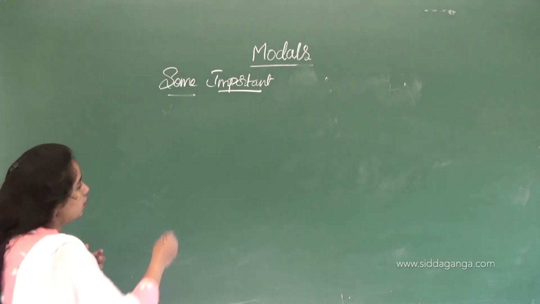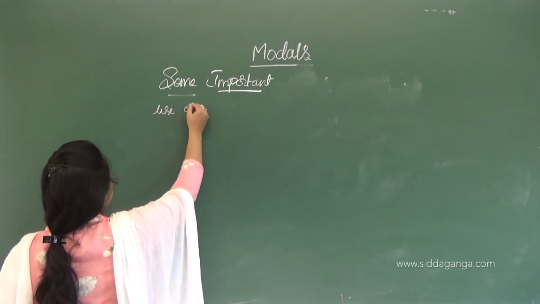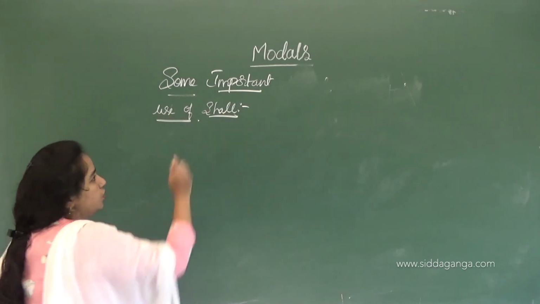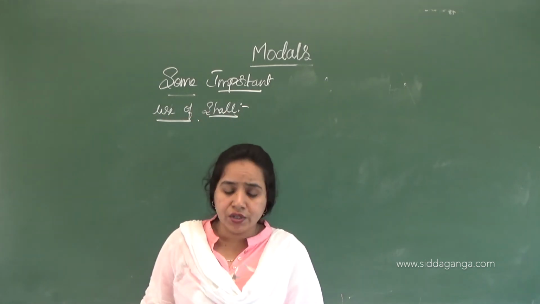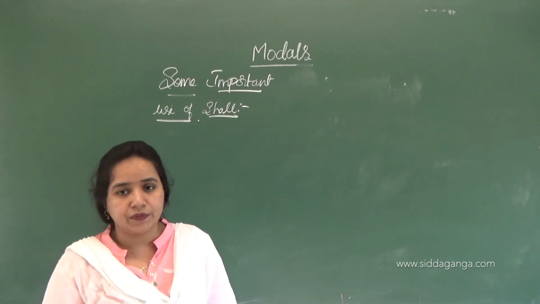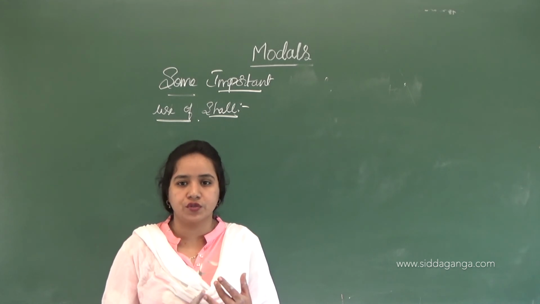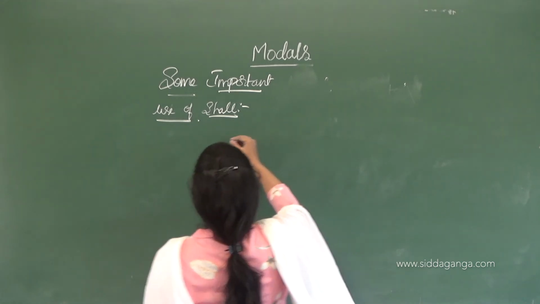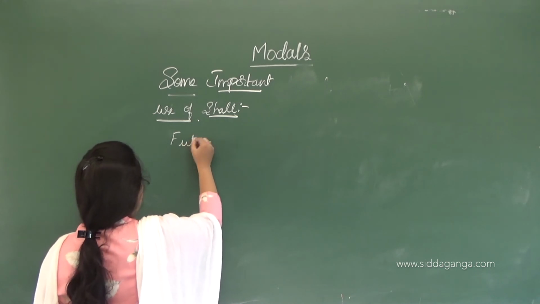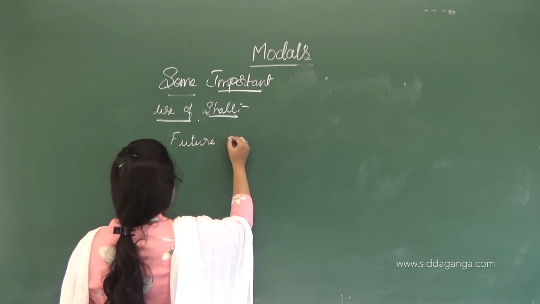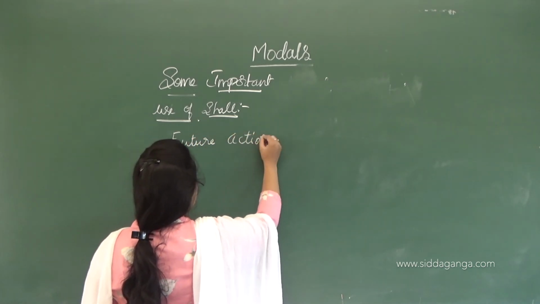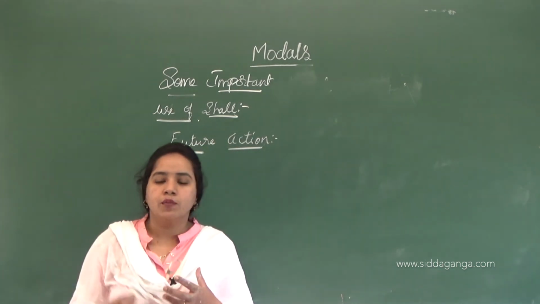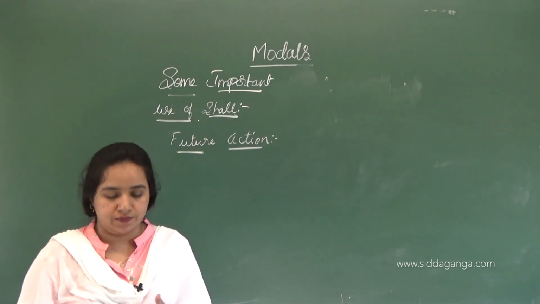Shall is used to indicate a future action. So will is also used for a future action, and shall also indicates the future action. Will and shall, both modals express the future action.